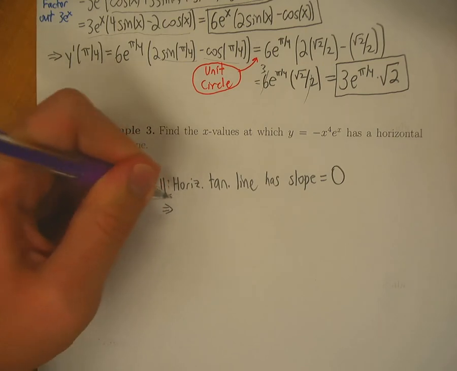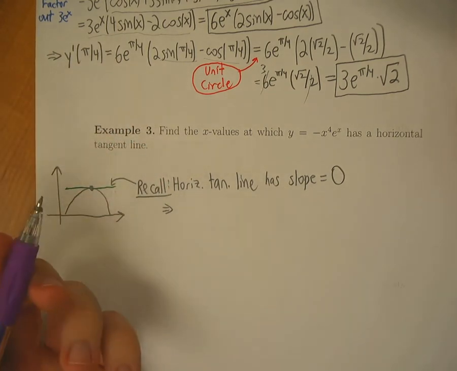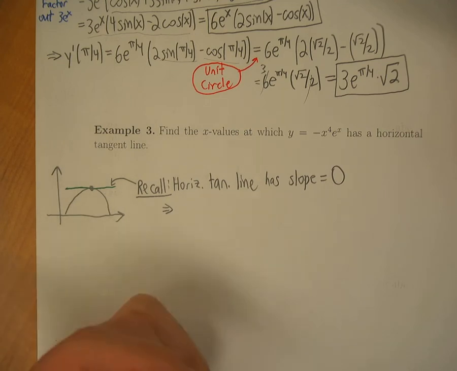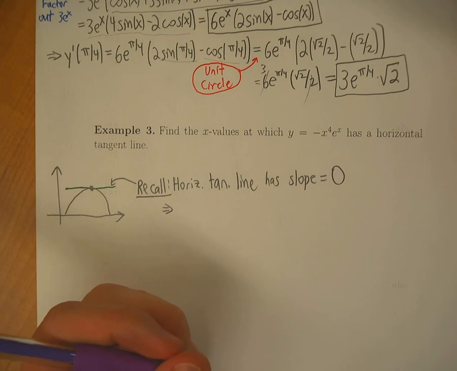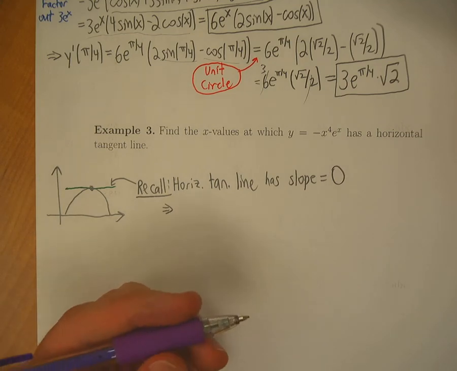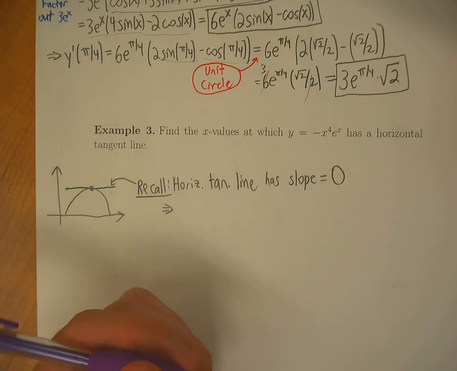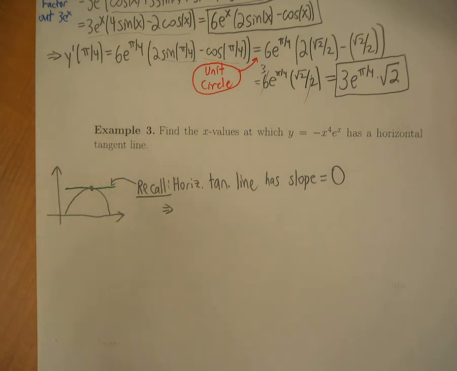So what does that tell us about what we need to find? Remember the slope of a tangent line is the exact same thing as what, if you recall from last Friday? It's just the derivative, right?